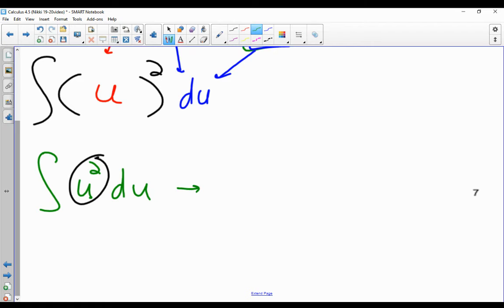Let's go ahead and do it. To integrate u squared, you add 1 to the power, which will give you u cubed, and then you divide by your new power, which is 3, and then plus c. And there you go, that's your antiderivative.